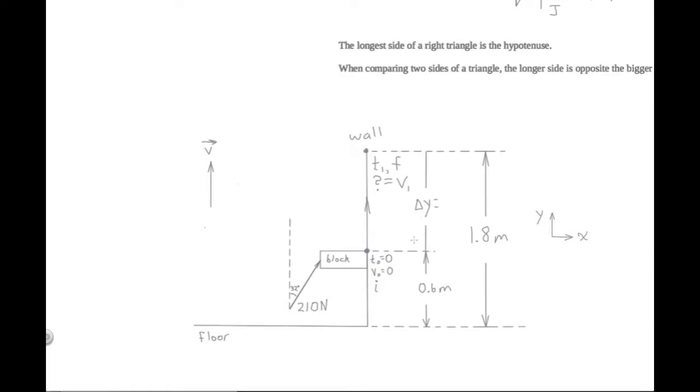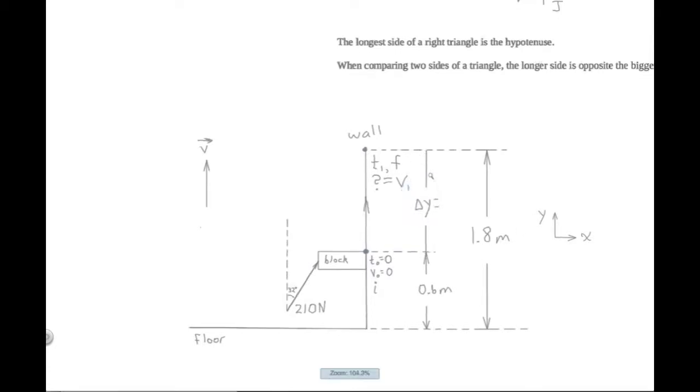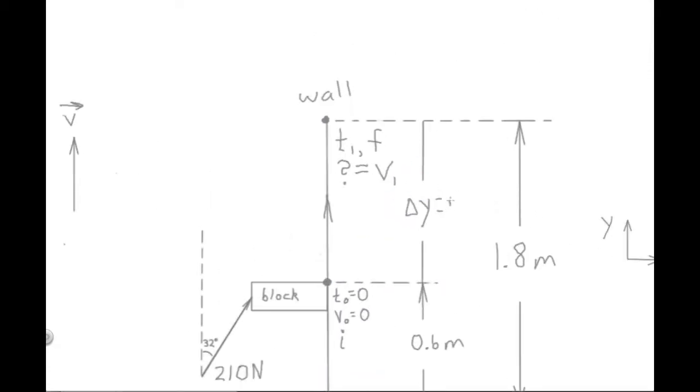Remember, this is the y component of the displacement, so we should figure out the plus or minus sign first. Well, we're starting here and we're moving in the positive y direction up to here. So delta y will be positive.